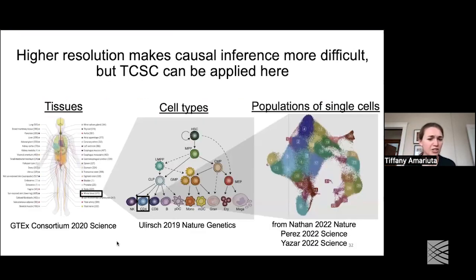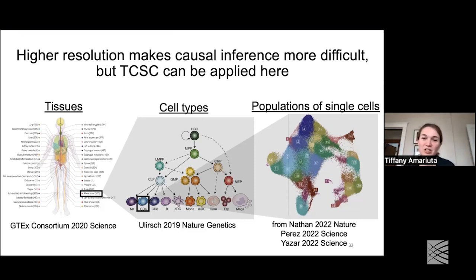And just talking a little bit more about when we would expect these model assumptions to be violated. We're working with GTEx tissues in these empirical examples of applying TCSC, and tissues are quite different from one another. And of course, with modern RNA sequencing in single cells, the differences between cell types and cell states are getting ever increasingly smaller.